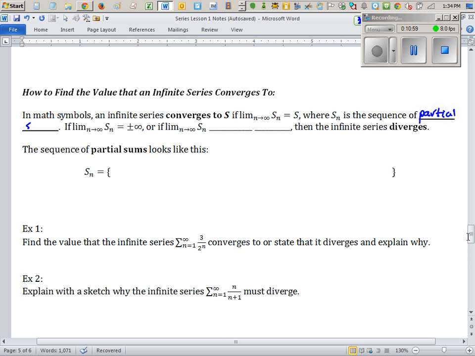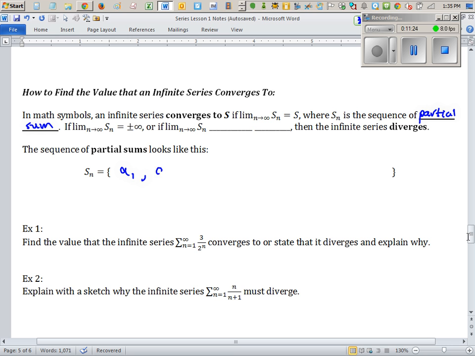This thing is called S sub n. Okay? S sub n. And it is not a1, a2, a3. It is this: a1, a1 plus a2, a1 plus a2 plus a3, and so on. Oh, I just lost something here. My eraser's going crazy.